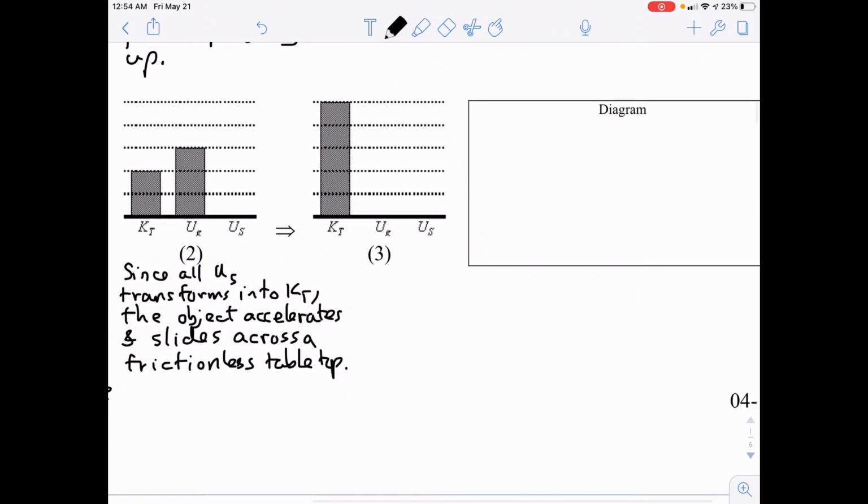Now you can see you have a total of 2 plus 3 or 5 total energy units.